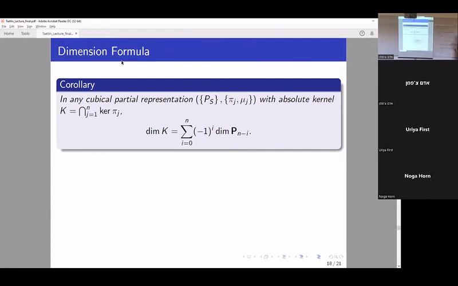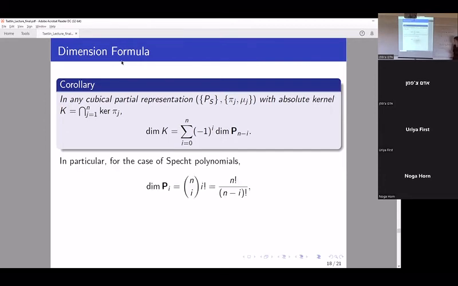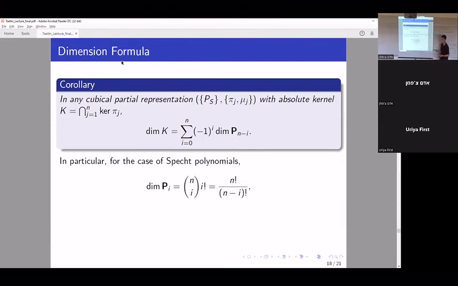Okay, so that is one application, and another one is to calculate the exact dimension. What we said at the beginning, the dimension of the Specht polynomials in any cubical partial representation. Because we have such a resolution, then we can calculate the dimension of K just as the alternating sum of dimensions. And if we return to the example that we had for Specht polynomials, Pi is all of the polynomials which are multilinear in I variables.